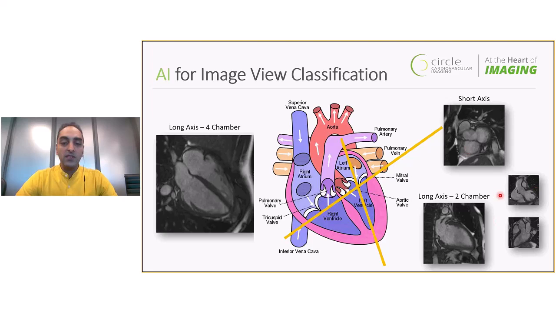And all of these views are important for assessing different functions of the heart, but the fact remains that we need to be able to tell automatically which view is being captured in each image.